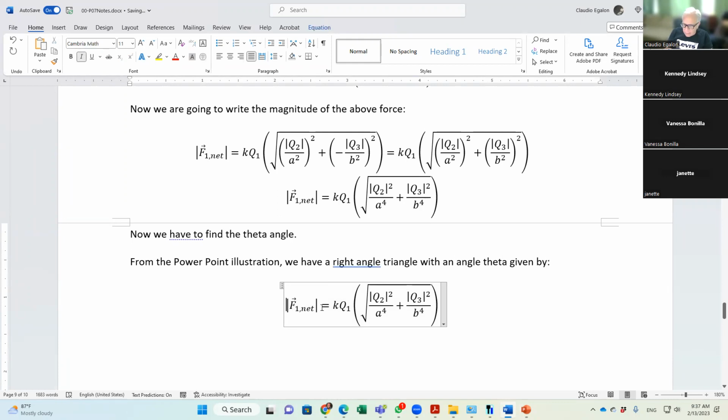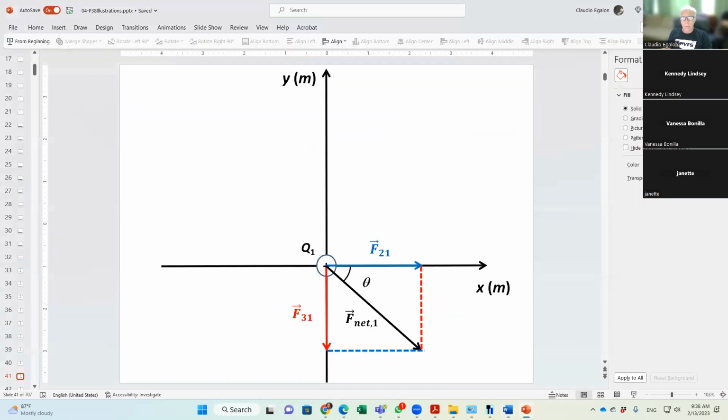I'm going to save this guy here because I'm going to need it. Tangent. Your tangent of theta is equal to, going back here, magnitude of F31 divided by magnitude of F21.